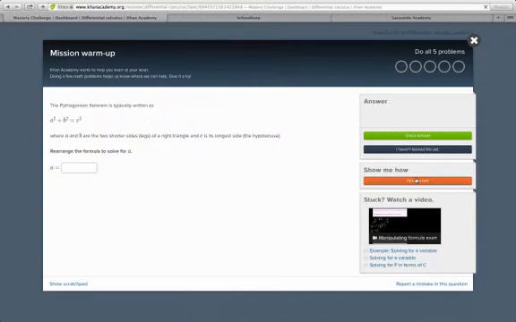So the Pythagorean theorem is typically written as a squared plus b squared equal to c squared, where a and b are the two shorter sides, the legs of a right triangle, and c is its longest side, the hypotenuse. Rearrange the formula to solve for a. Okay, so we know that we're going to need to use a square root sign, and we're going to get c squared minus b squared.